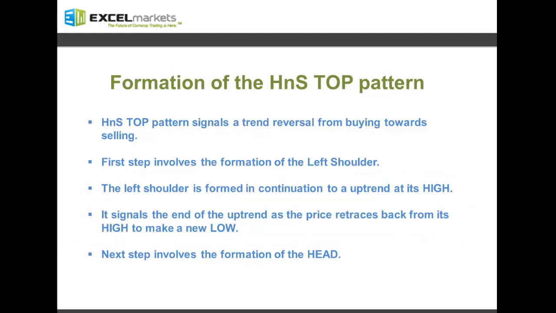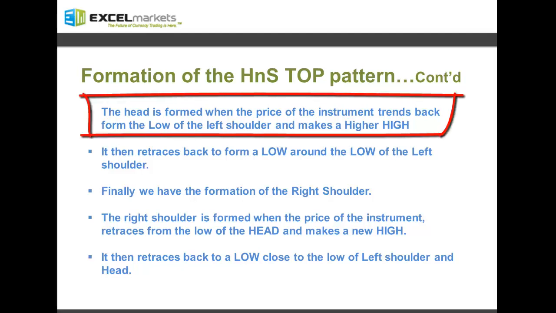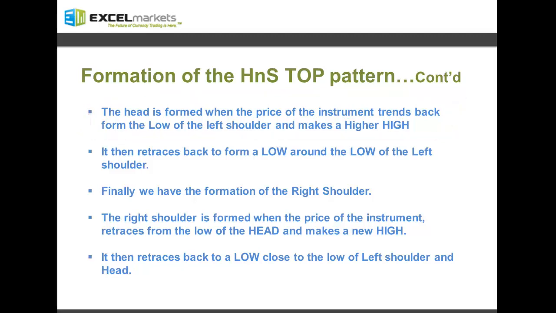The next step involves the formation of the head of this pattern. The head is formed when the price trends back up towards higher price levels from the low of the left shoulder and makes a higher high. It then retraces back to form a low close to the low of the left shoulder. This completes the formation of the head.